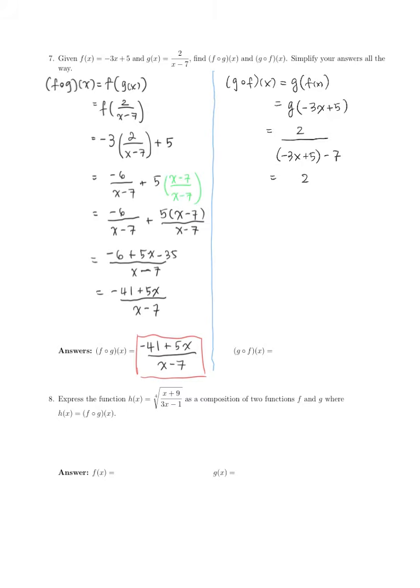So this is going to give us 2 over negative 3x, and then you have plus 5 minus 7, so I believe that's minus 2. Okay, well, that one was a lot easier. So g of f of x is going to be 2 over negative 3x and then minus 2. So I'm just going to box that answer.